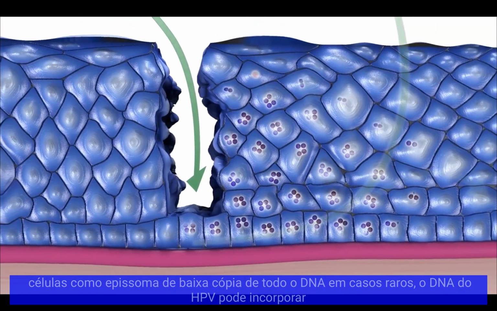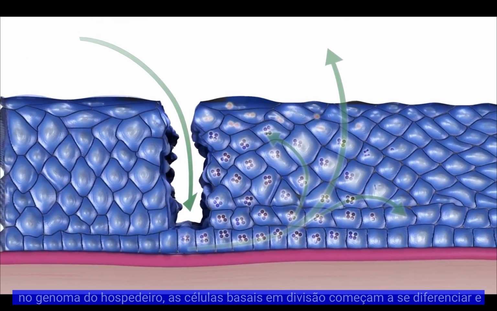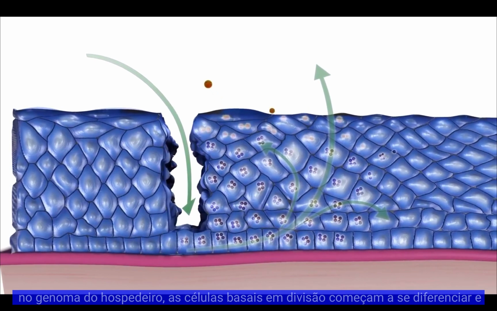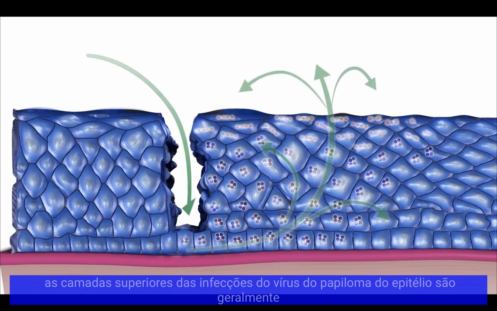In rare instances, HPV DNA may incorporate into the host genome. The dividing basal cells begin to differentiate, and viral genome amplification and synthesis of the capsid proteins L1 and L2 occur in the upper layers of the epithelium.